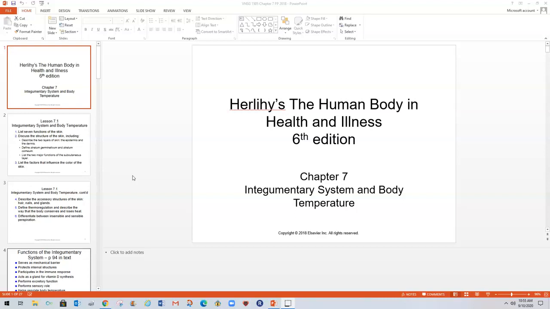You need to turn the volume all the way down on your screen, because we are hearing background noise, and that is very disturbing to many students. So you unmute yourself and turn your volume down.